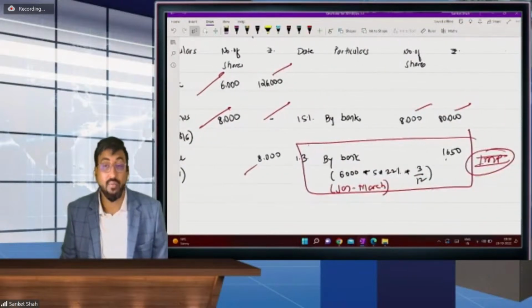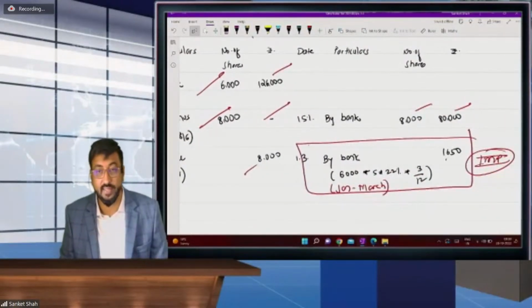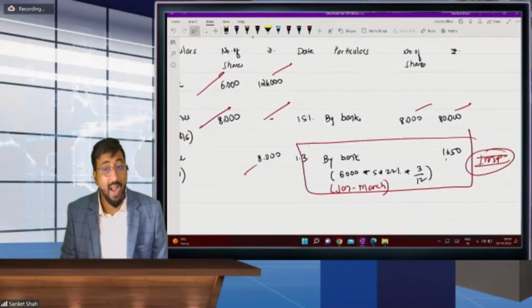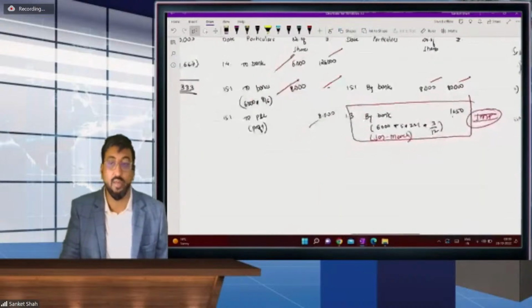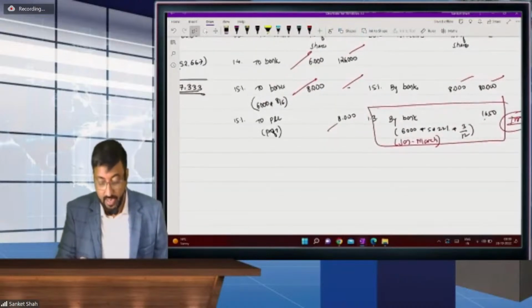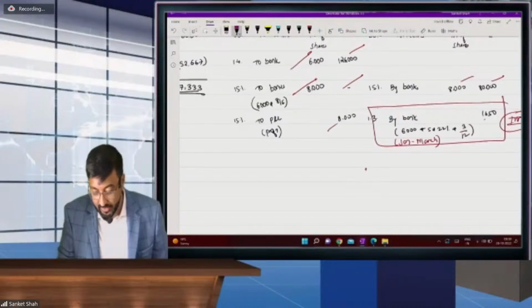And pre-acquisition dividend is most important concept in this question. That is, by bank, 6,000 shares I'm getting at rupees 5 as a face value into 22%. But 3 months is a pre-acquisition, and therefore 3 by 12 is the correct answer. And remaining balance is by balance carried down.